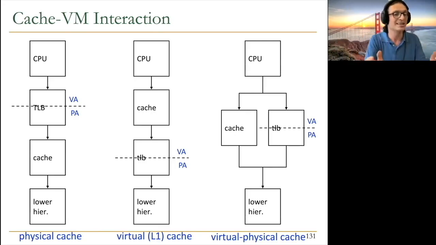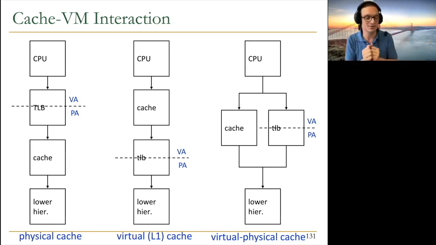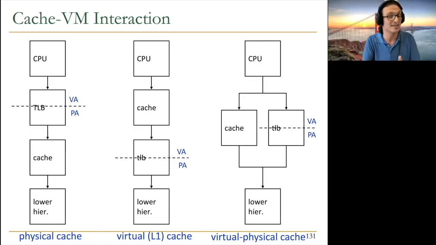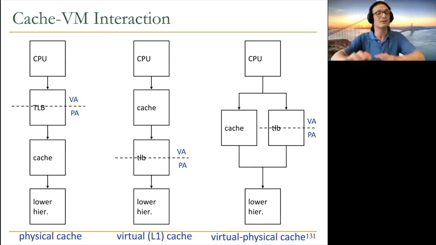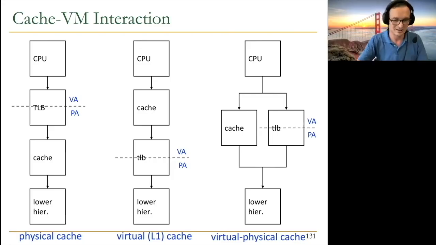So you should really not index the cache using part of the address that's going to change during translation. Otherwise, you may map two different virtual addresses that map to the same physical location to different locations in the cache. So if you didn't understand that, that's okay. But if you understood it, that's good, because that means you've really been following what's going on in virtual memory.